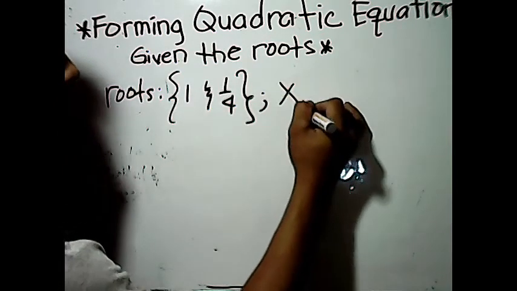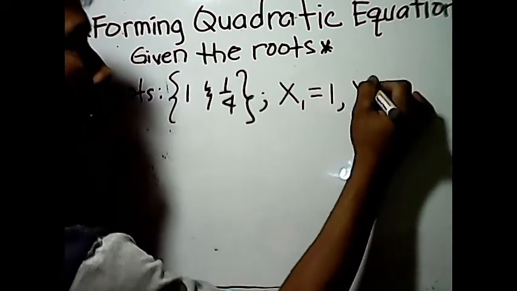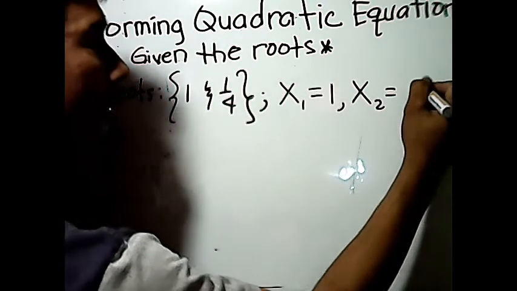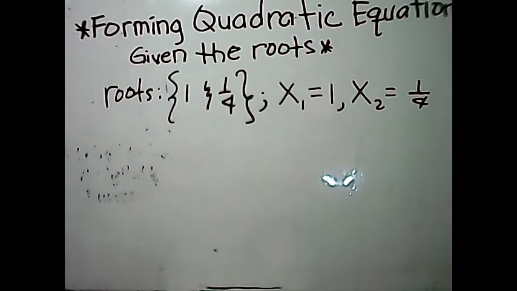So meaning x sub 1 is 1, and then x sub 2 is 1/4. Usually, most of you find it difficult in solving problems involving fractions, no?